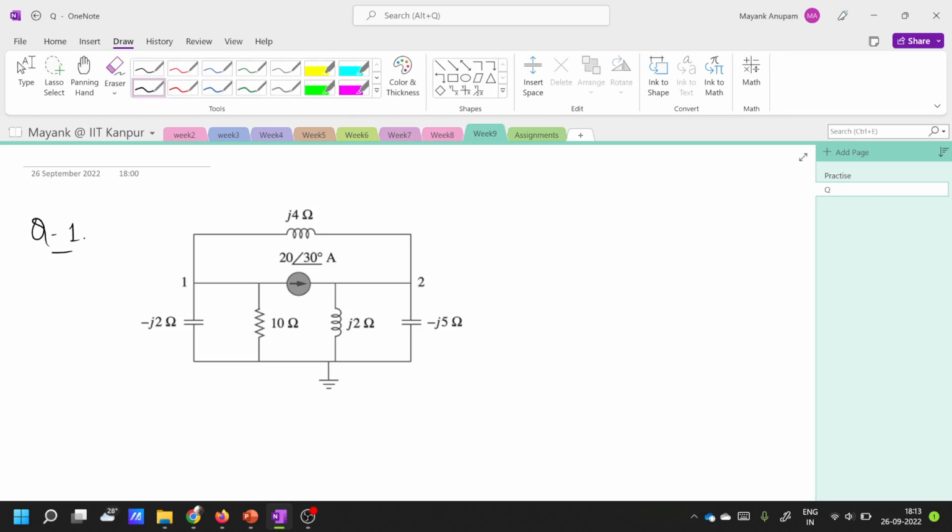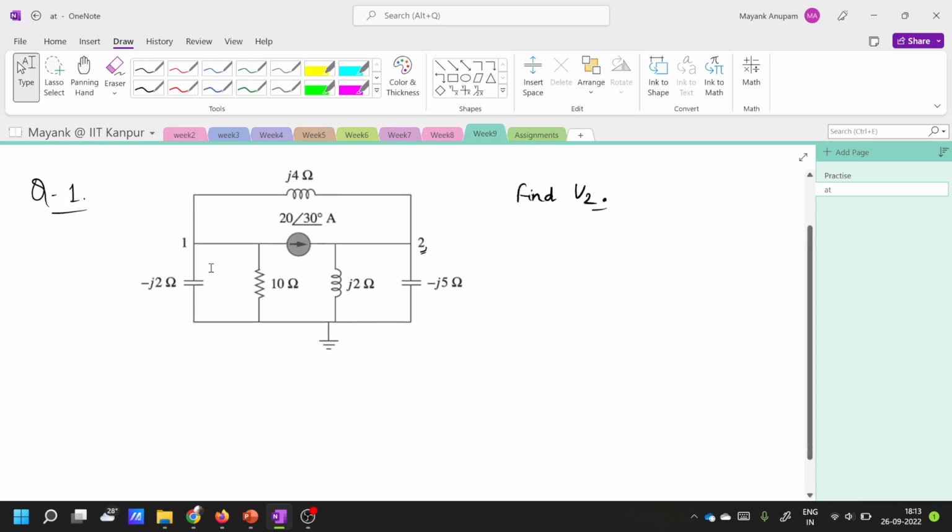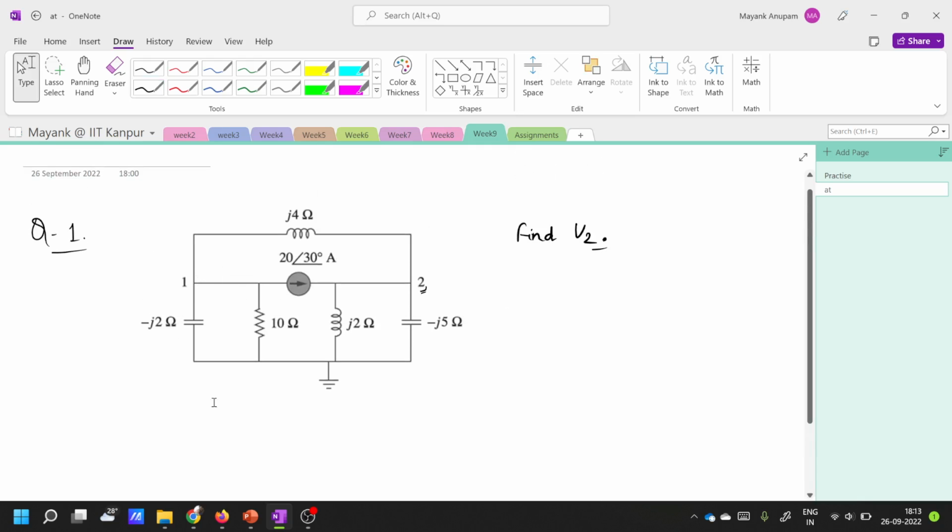So this is question 1. What do we need to do? We have to find V2. Let's say this is the voltage at node 2, so I am presenting it as V2. Fine. So let's quickly understand what this circuit is. There is a sinusoidal current source here, represented in terms of a phasor.